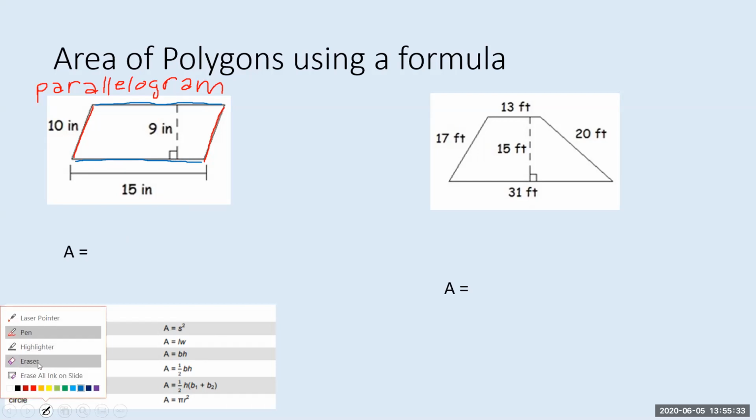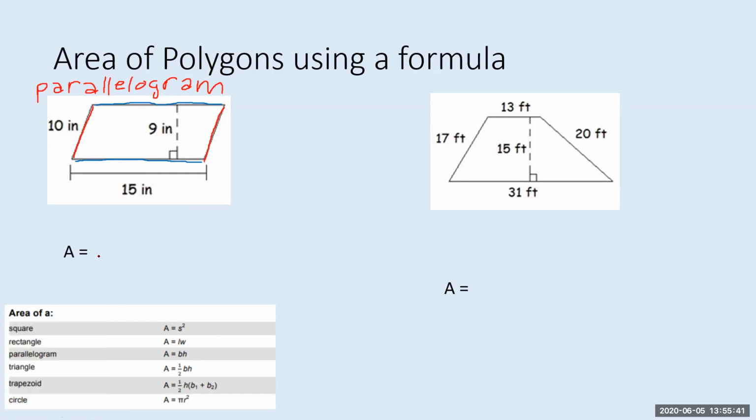So I look at this, let's say the question just says, calculate the area of the shape below. I would look at this shape and I would need to say to myself, this is a parallelogram because it's got 4 sides and 2 pairs of parallel sides. So then I go down, I look at my formula sheet if I need a little reminder, because you get to use your formula sheet on the test.